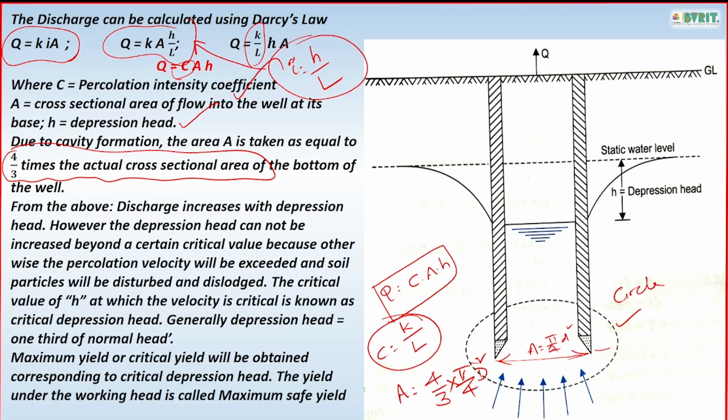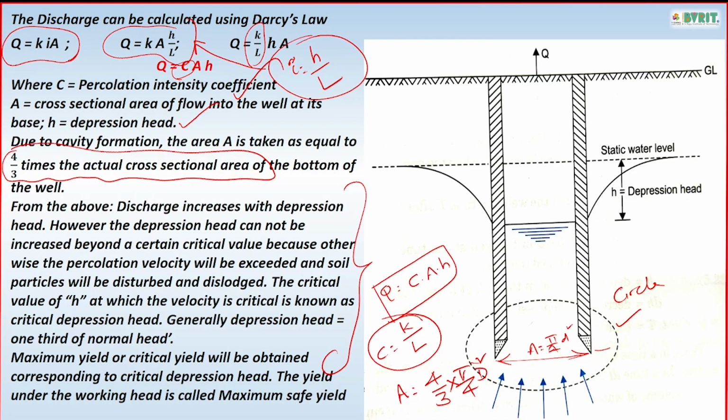Beyond the critical depression head, if you start increasing the discharge, it dislodges the soil particles also because of the more velocity, and along with water, soil also comes out. That's what I described here. Normally the head value can go only up to a limit. You can increase the discharge, but limits are there. That's why I mentioned this critical depression head.